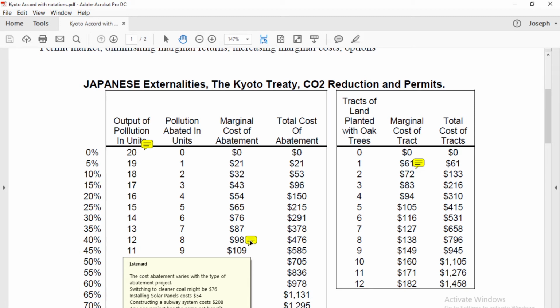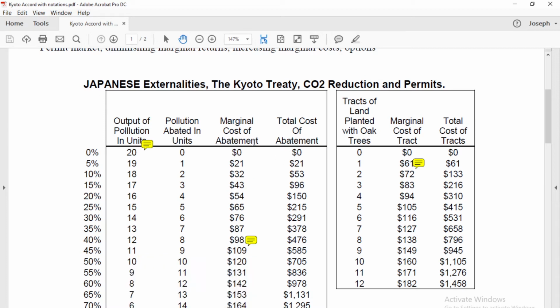Switching to cleaner coal might be $76. Installing solar panels might cost $54. Constructing a subway system costs $208. Any project has the same net benefit because any one abatement reduces their output of pollution by 1, but some methods of abatement are less expensive than others. Some are easier to do than others.